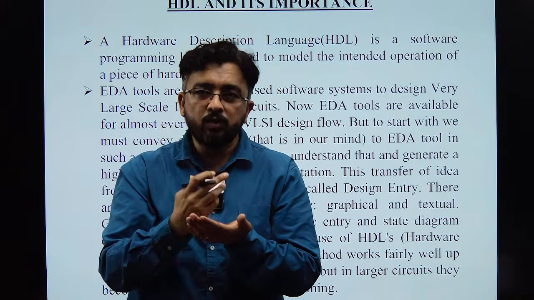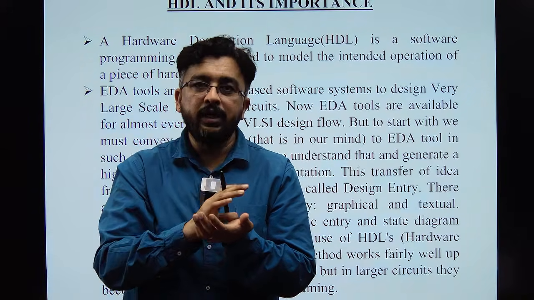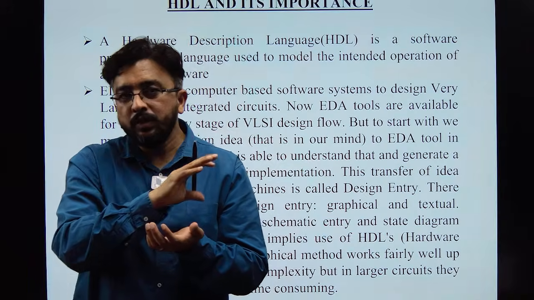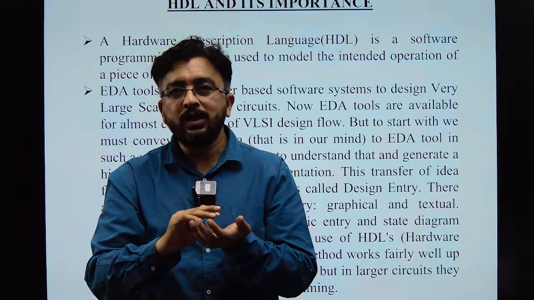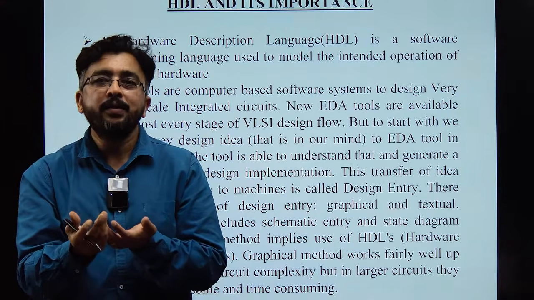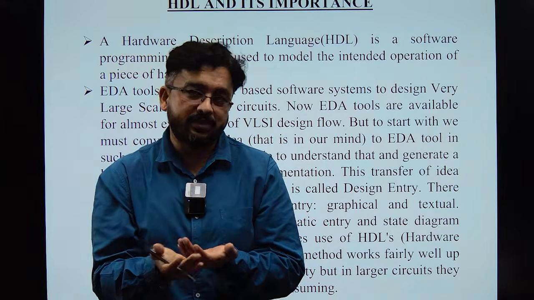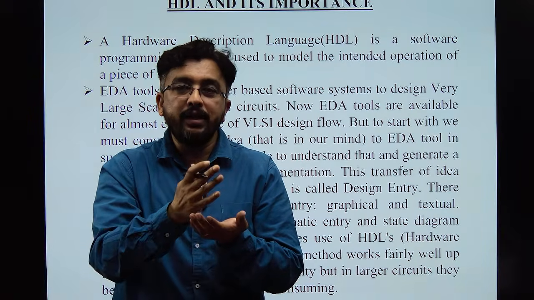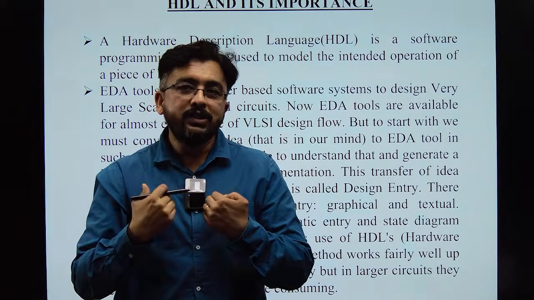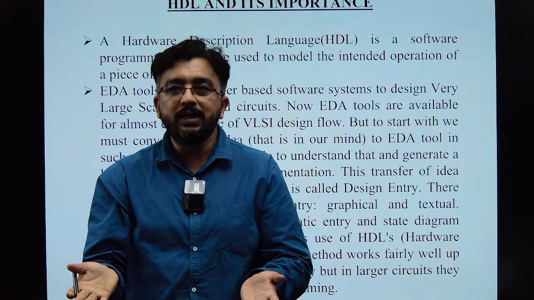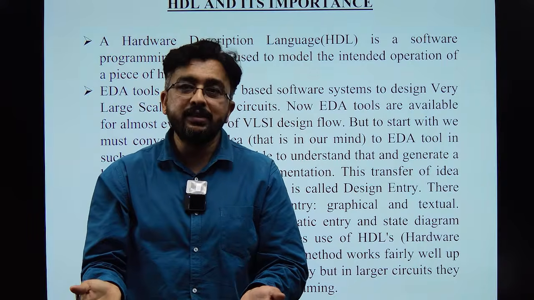So there is a tool which is required to convert the textual information into the machine language, in the form of bits. The converting of textual information into bits is not performed by us. This is performed by the EDA tools, Electronic Design Automation tool.